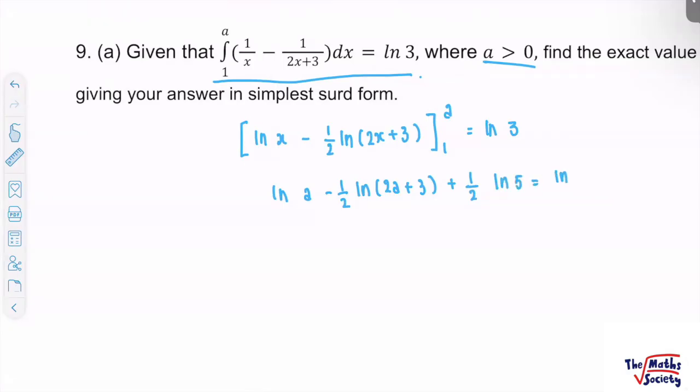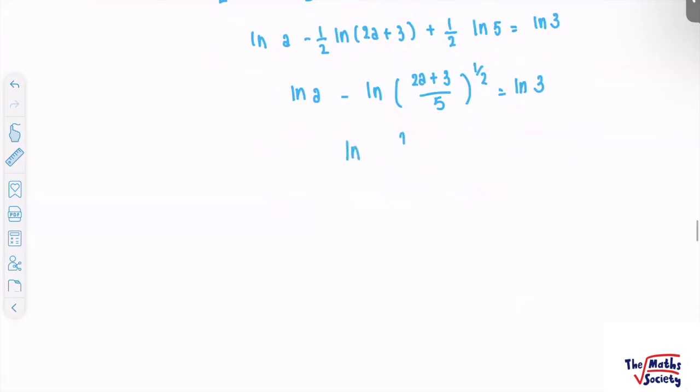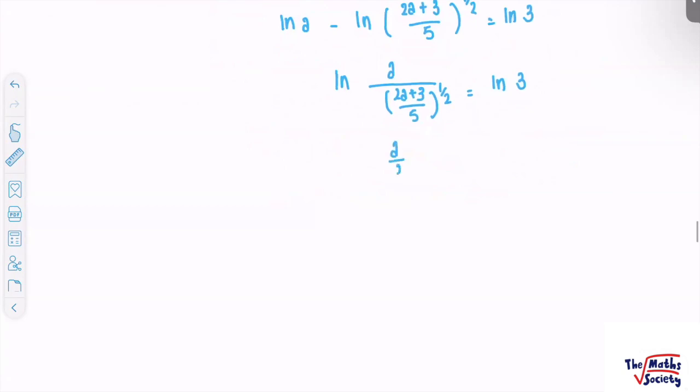That's equal to ln 3. Just have ln a minus ln 2a plus 3 by 5, all over half, equals ln 3. We have ln a by 2a plus 3 by 5, the whole power half, equals ln 3. So you have a by 3 equals 2a plus 3 by 5, the whole power half.